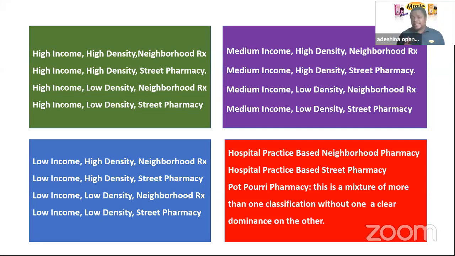And it's important for you to note that if your pharmacy is located opposite a hospital, your stocking pattern and your inventory management practices have to be very carefully thought through, or else you'll find yourself being shot in the foot, if not the head. And then the last one he called a potpourri pharmacy, which is a mix of everything, not clearly delineating one from the other.